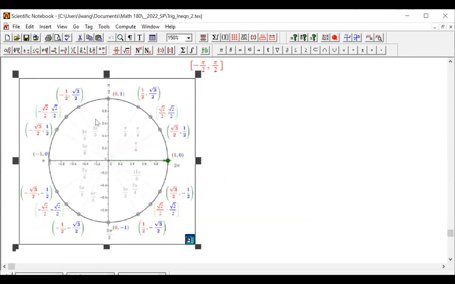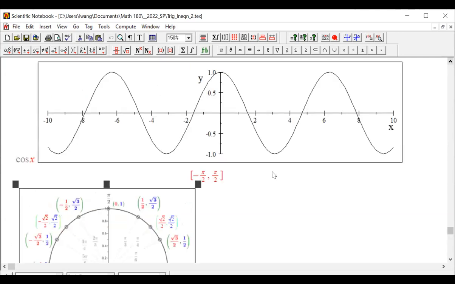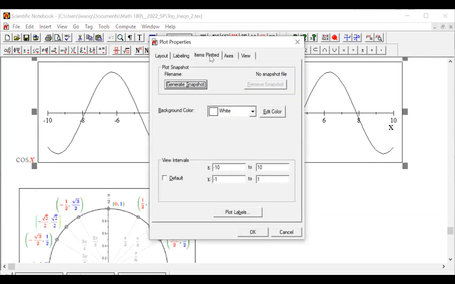Because when you look at the positive cosine values or zero cosine values, you just look at the red numbers. Red, positive. So from negative π/2 to π/2, that's one interval we have identified. From negative π/2 to π/2. So you identify this interval.